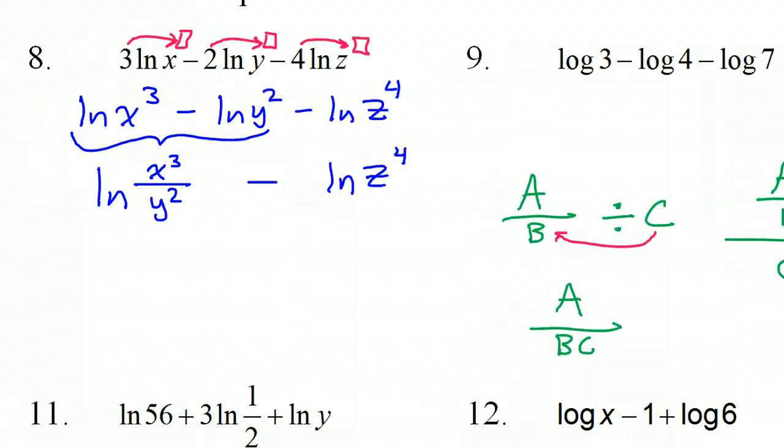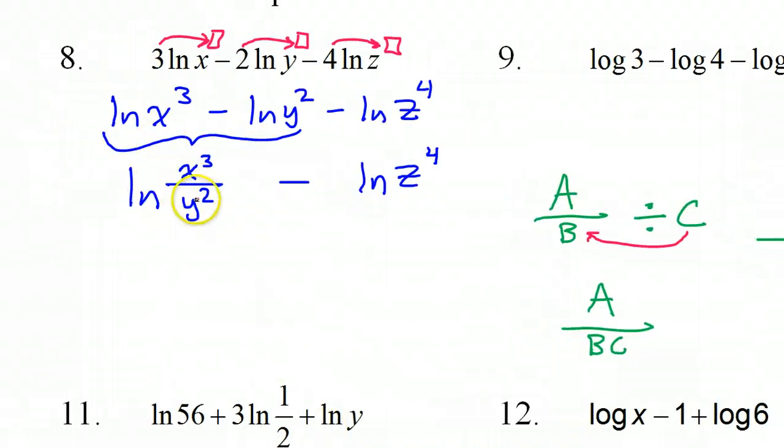So that's what's about to happen here. I already have a fraction, and what I'm wanting to do is this fraction divided by z to the fourth power. But when you do that, the new thing you're dividing by will just join the denominator.